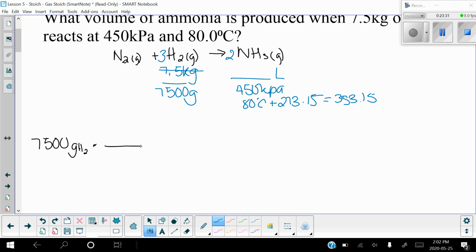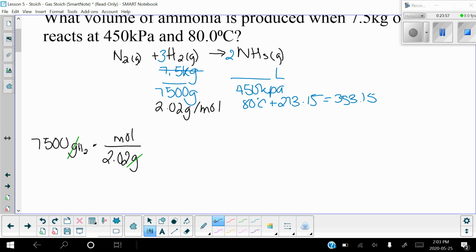And the way that we're going to do that is use molar mass because we're using mass. The molar mass of hydrogen gas is 2.02 grams per mole. So I divide by 2.02 grams per mole. Okay, what's canceling? Grams and grams.